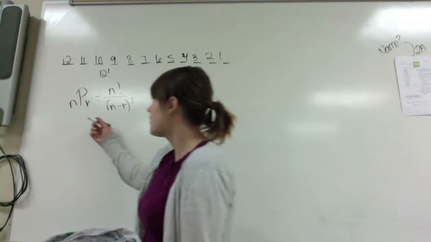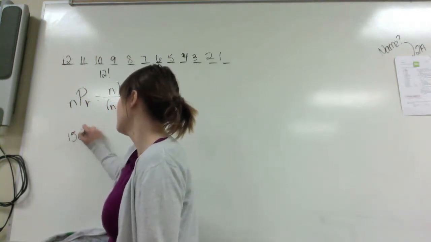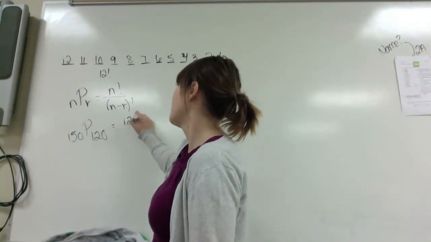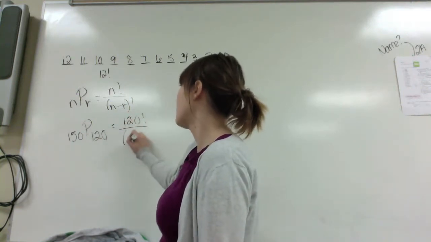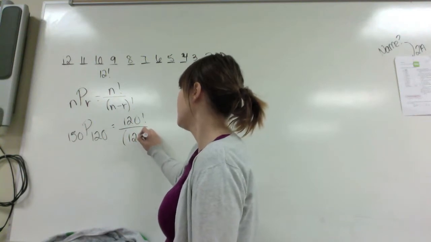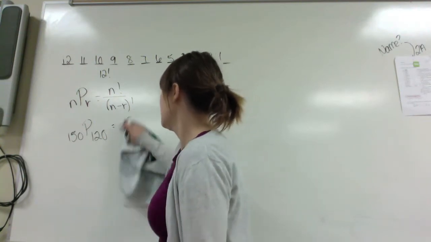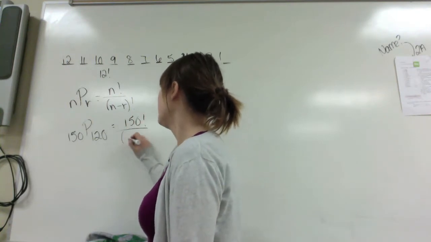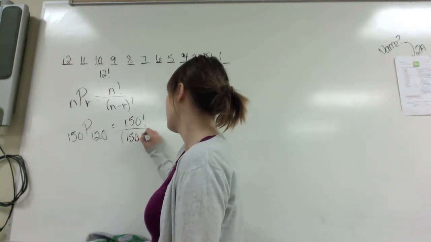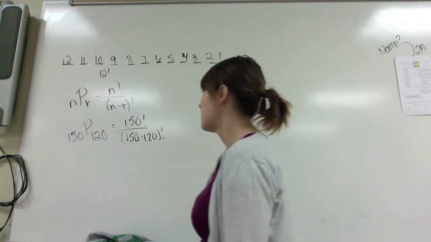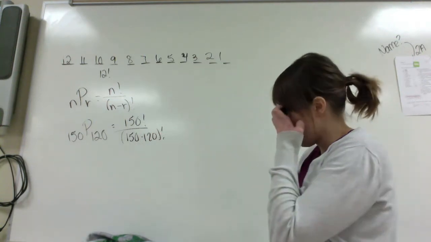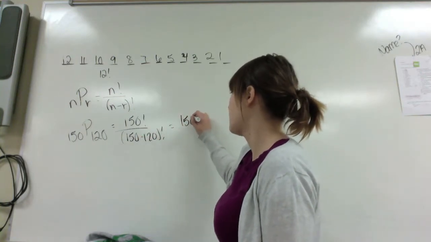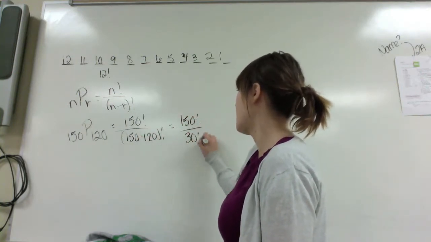Okay, so we know that our n value is going to be 150, and our r value is going to be 120. So I've got 150 factorial over 150 minus 120 factorial. Okay, so if I rewrite this, it's going to be 150 factorial over 30 factorial.